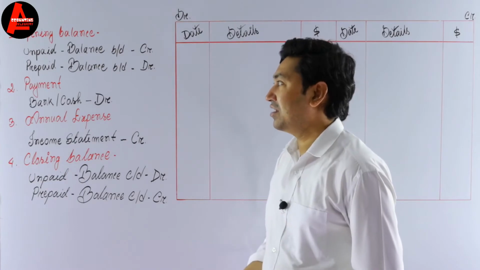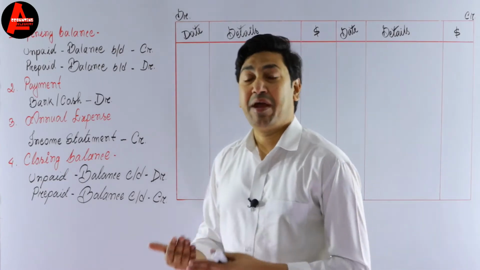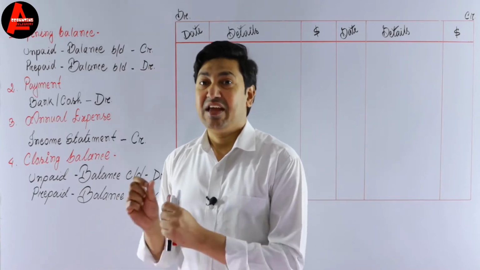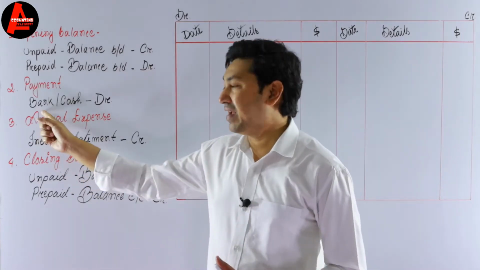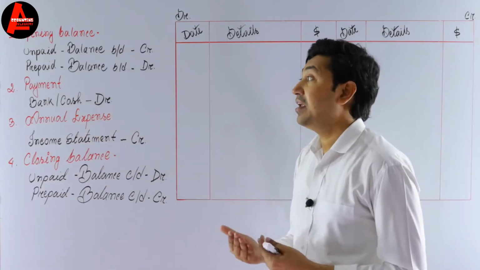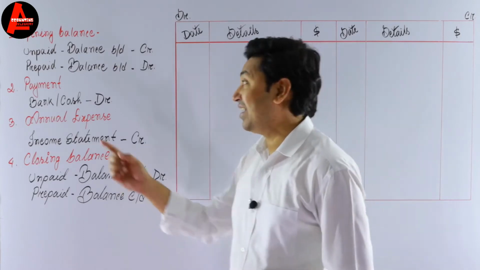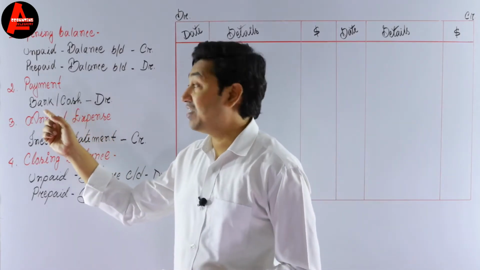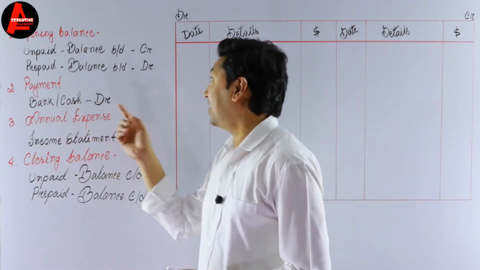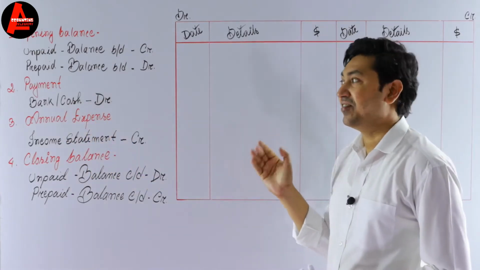Then payment. The business may make payment by check or by bank transfer. In this case, you need to write bank on the debit side here, okay? If payment is made in cash, we will not write bank here. We will write cash on the debit side in this account, okay?